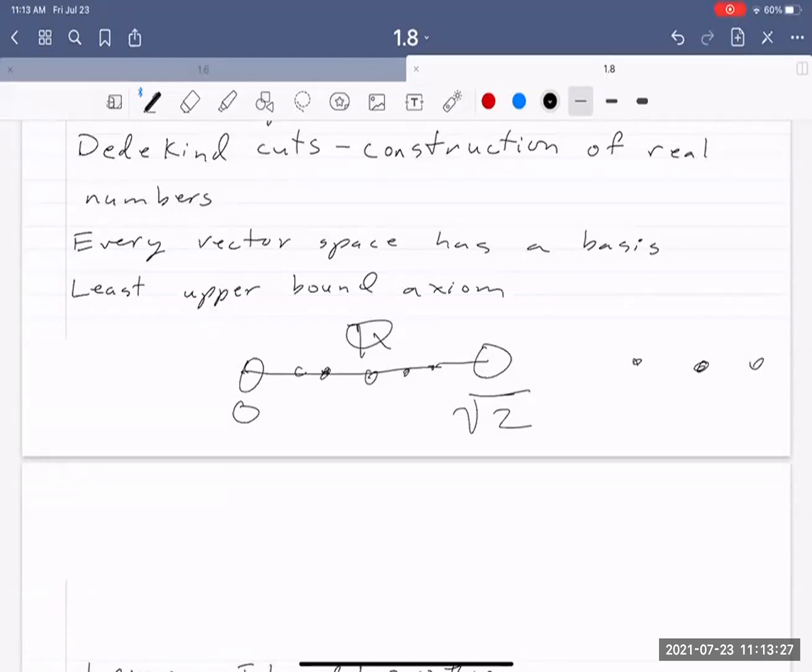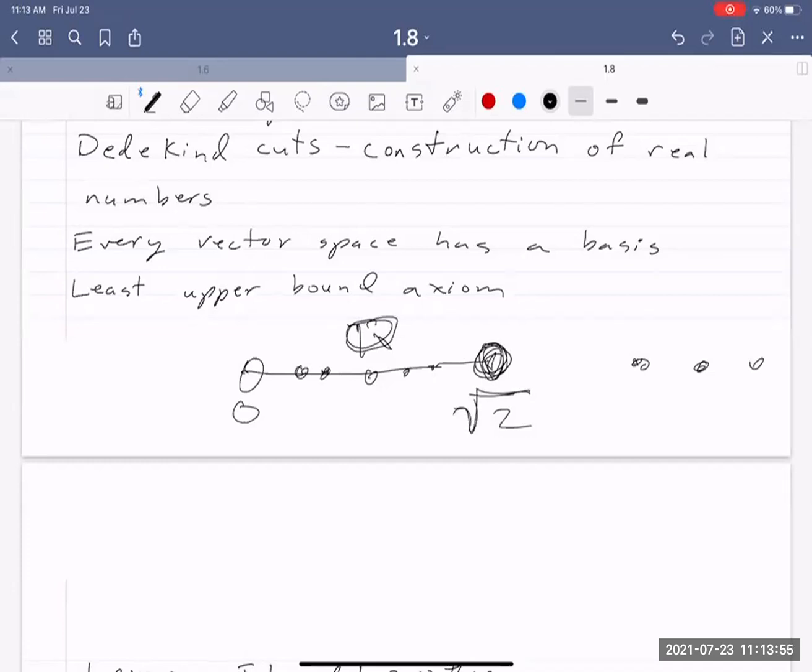This says that, well, what's the least upper bound for this set here? Well, the least upper bound for this set is where you think it should land. It is here. Unfortunately, if you're only looking at, say, rational numbers, the square root of 2 is not rational.